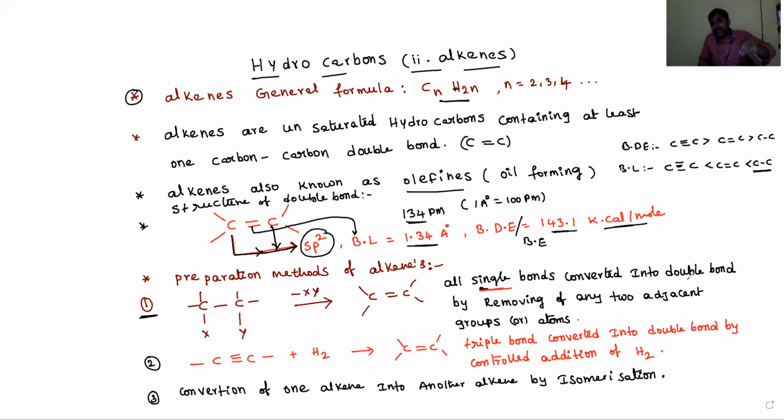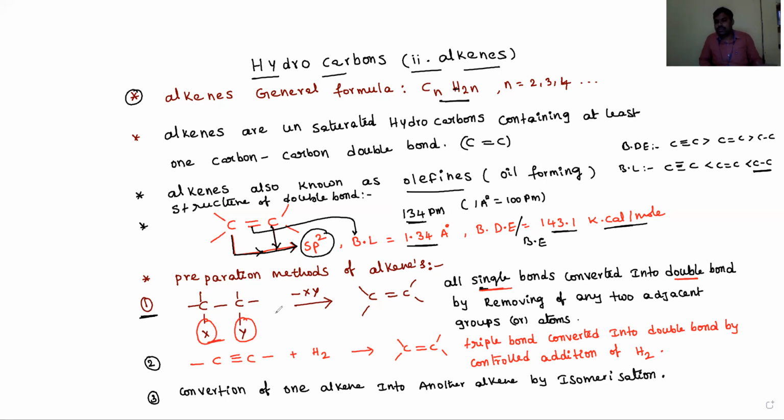This is converted into a double bond. How is it converted into a double bond, dear students? You have to remove any two adjacent atoms or groups. For example, here the organic compound has only single bonds, and two adjacent groups X and Y are present, which may be the same or different.